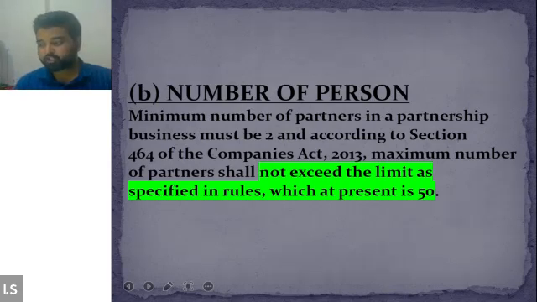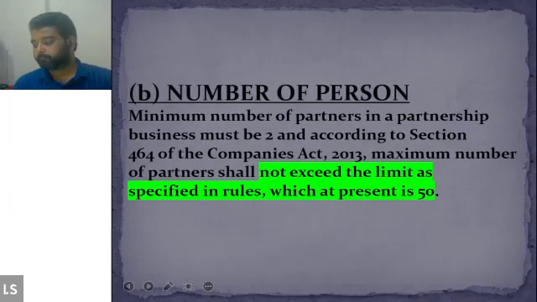So a partnership firm has to ensure that the maximum limit of persons should not exceed at any point of time. Otherwise, it will be considered as an illegal association. Is that clear to you? Minimum number of persons is 2 and maximum can be 50 in a partnership firm. Minimum number has been defined under the Partnership Act, but the maximum limit has been given under the Companies Act 2013. Is that clear? Yes. Okay.